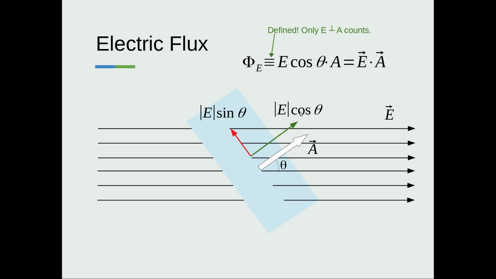It's just the projection on your unit vector of your area. So theta is the angle between the vector A and the electric field. You can see the relation, and the green vector here is E cosine theta. And E sine theta is the component parallel to your surface, which just flows away and doesn't pass through at all. So now you can calculate the flux in this kind of case.